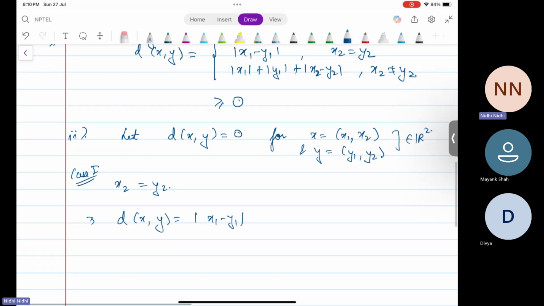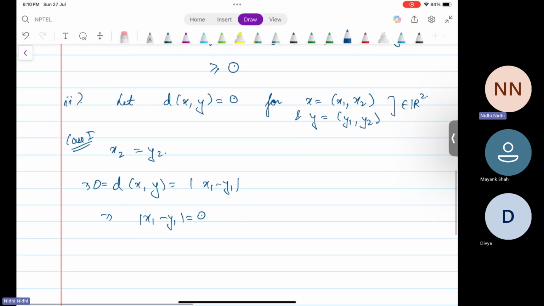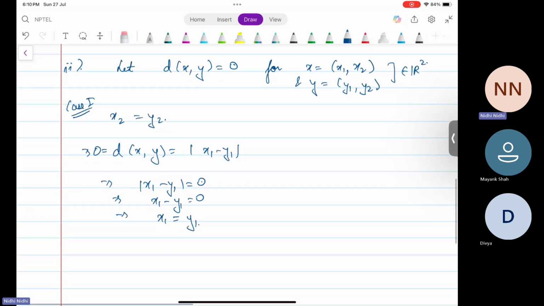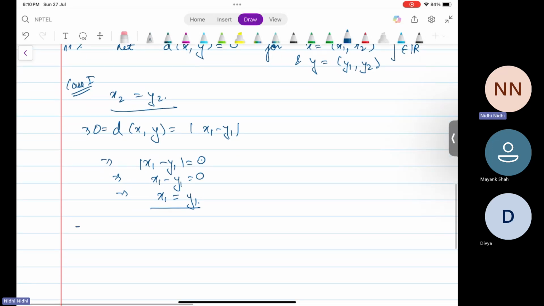Now this is equal to 0, which implies |x1 minus y1| is equal to 0. Obviously, when the modulus of something is 0, that something is 0. That means x1 minus y1 is 0, so x1 is equal to y1. We already had x2 is equal to y2, so we got the first component equal as well. That means (x1, x2) is equal to (y1, y2), or we can say x is equal to y.